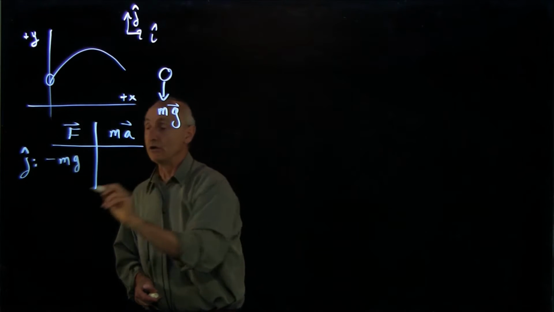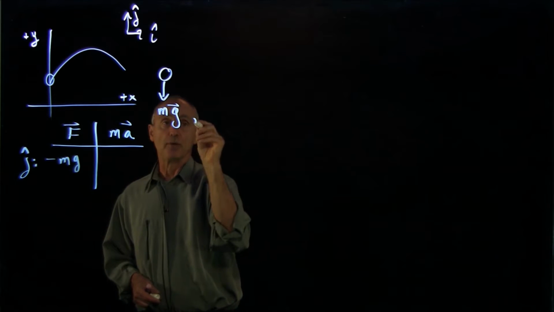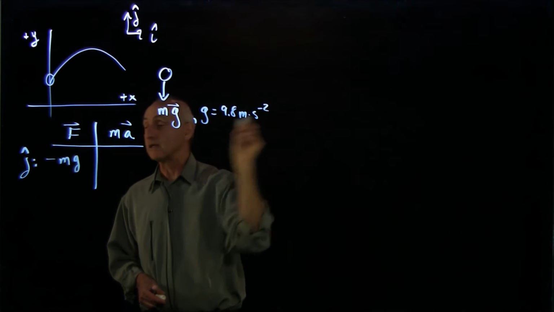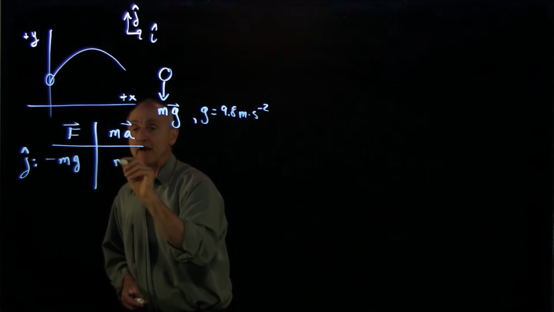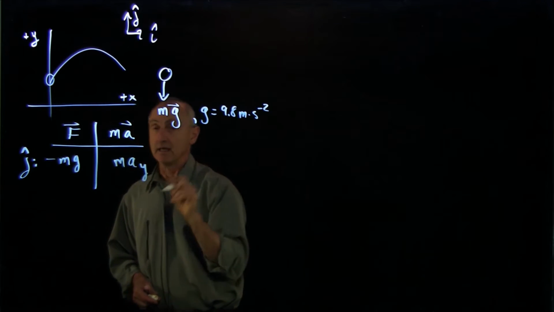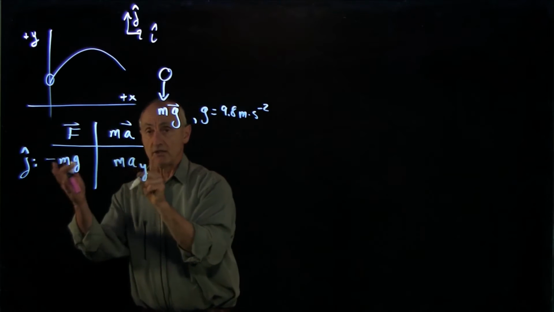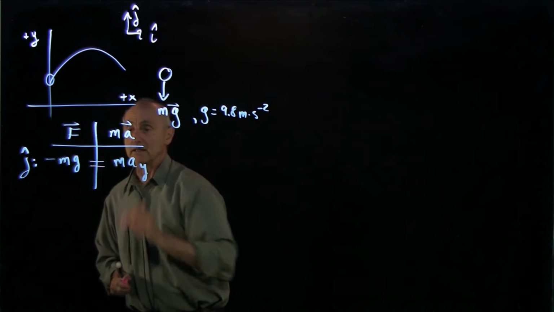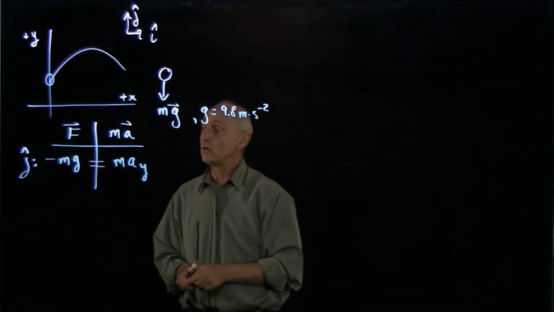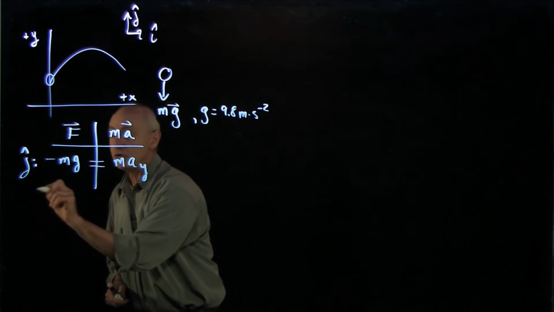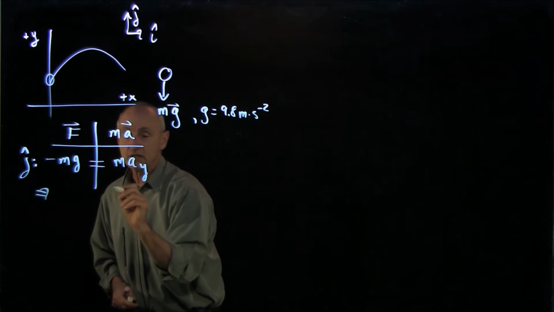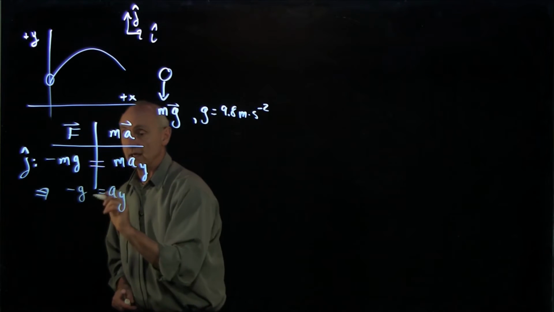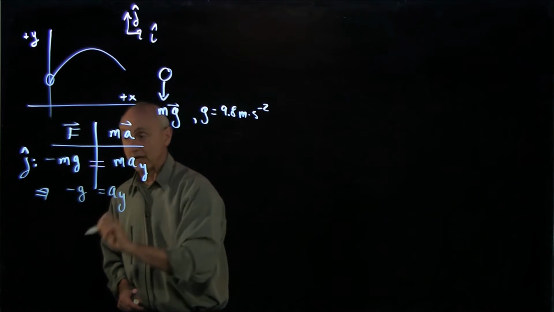And remember here that g is our positive quantity, 9.8 meters per second squared. And we have may. Newton's second law equates these two different things. And we'll write it like that. So those two quantities are equal. And so our conclusion is that the acceleration is equal to minus g in the y direction.